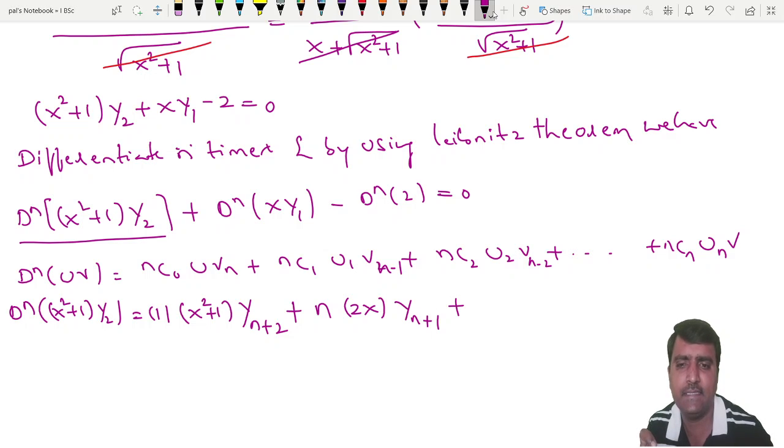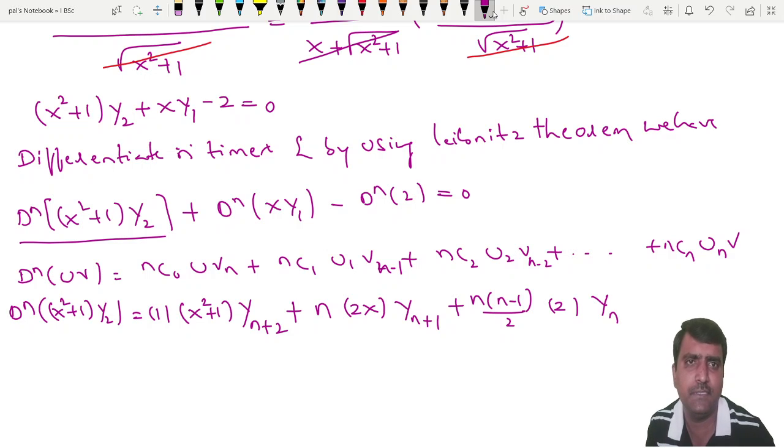Plus in next step nC2, which is n into (n minus 1) by 2 factorial, and the differentiation of 2x is 2, into y_n. If you are getting a constant here, you stop the terms, because in the next steps it becomes 0.